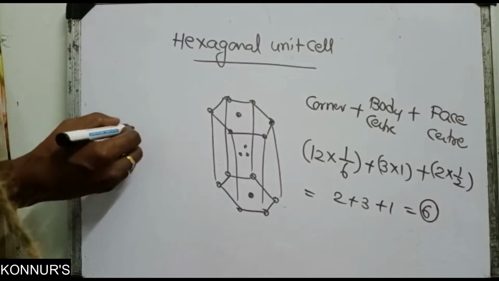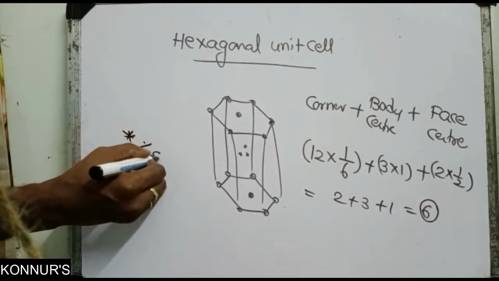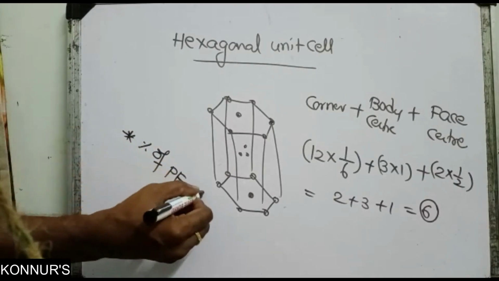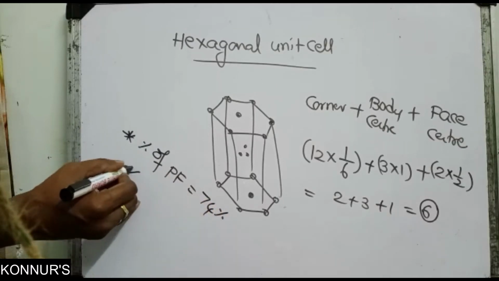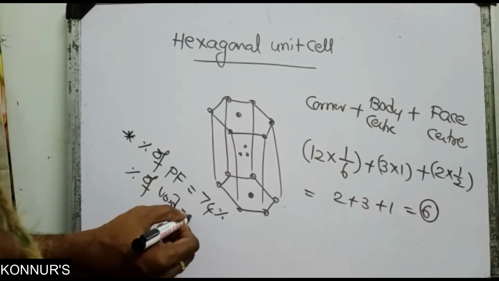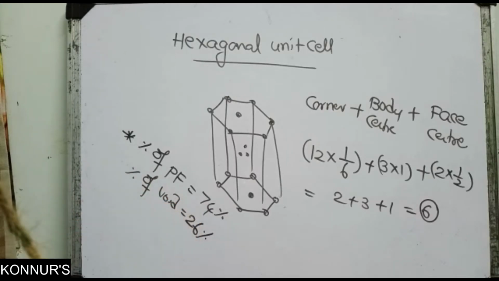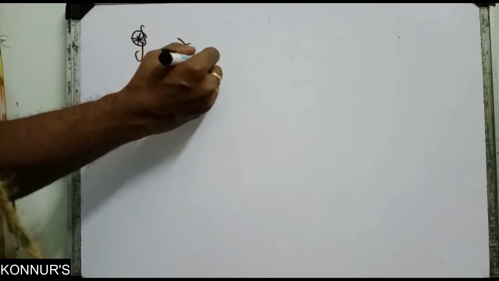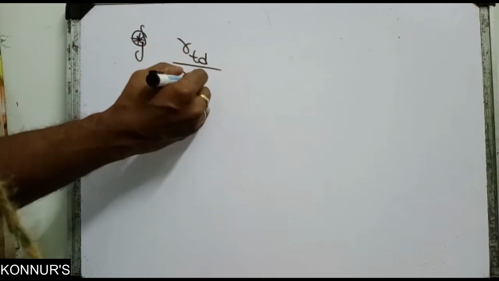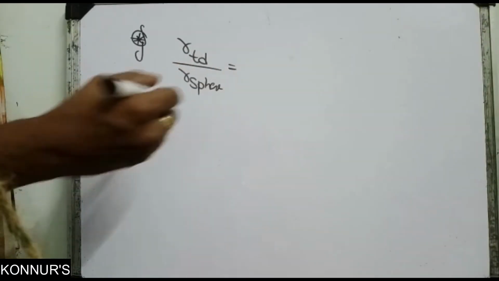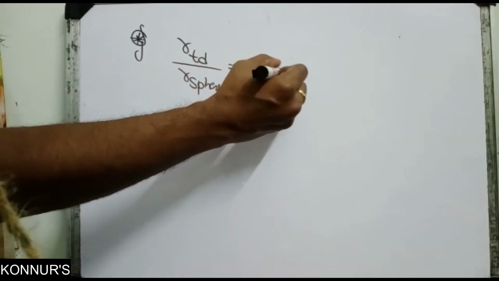Next here another important point, the percentage of packing fraction. It is similar to FCC, that is 74 percent. Next void or gap percentage, that is 26 percent. Next, in the voids, an important point: the radius of tetrahedral void by the radius of sphere is 0.225.